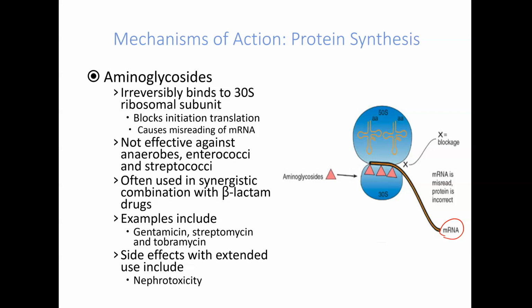Aminoglycosides are good antibiotics to give alongside others. A more common practice in a hospital setting is to not give just one antibiotic to a patient, but to give two. The idea here is that this is basically going to negate the possibility of creating antibiotic resistance within that person.